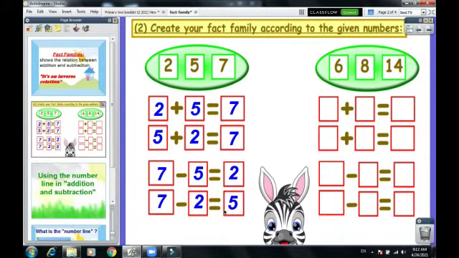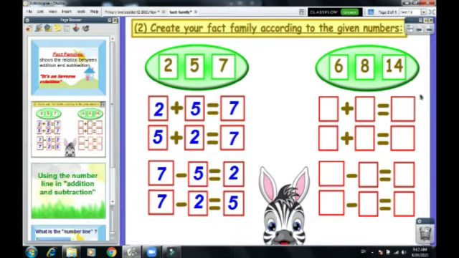And I can say also that 7 minus the second part, which is 2, gives me 5. So when I take away 5 from this 7, I'll get the second part of 7, which is 2. And when I take away 2 from 7, I'll get the other part, which is 5.